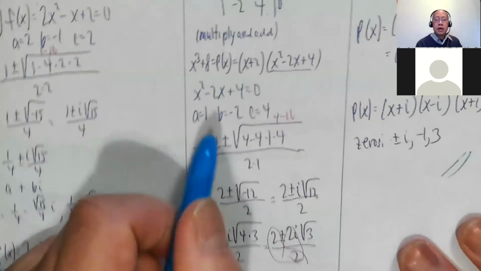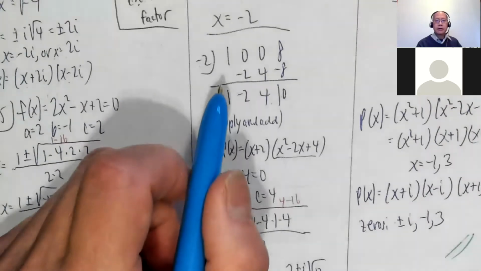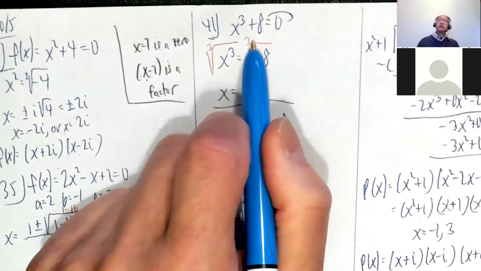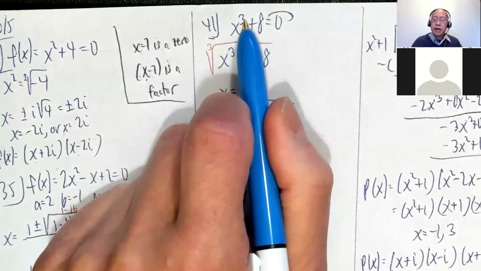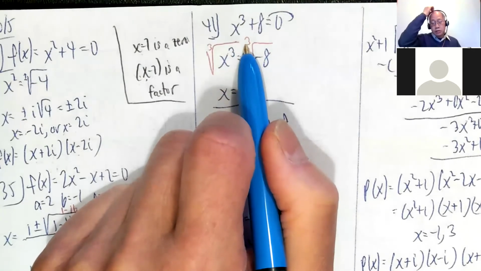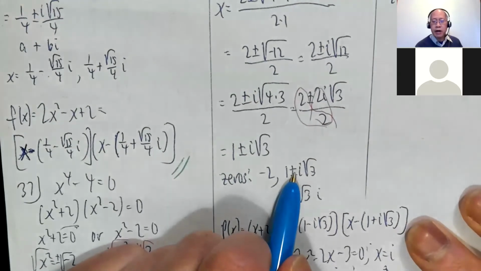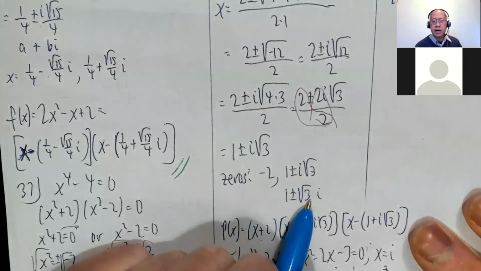All right, so the original was, where'd it go? This one, x cubed plus 8. So there's supposed to be 3 zeros, because it's third degree, and 3 factors. I found the 3 zeros, only one of which is real, -2, and 1 plus or minus i radical 3. Or you can say 1 plus or minus radical 3i.